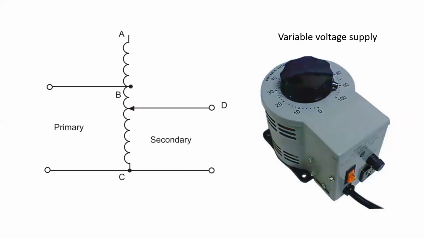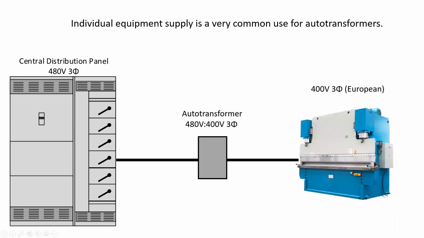Variable voltage supplies, these are both single phase options at this point. When it comes to three phase, we have a few different items that are commonly used with autotransformers, and that would be individual equipment. So we have a piece of individual equipment that comes in from a different country. It's three phase, but it does not have the same line voltage.